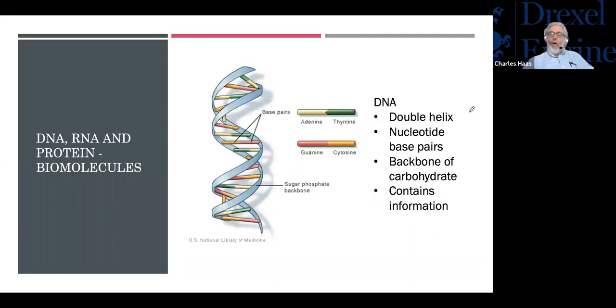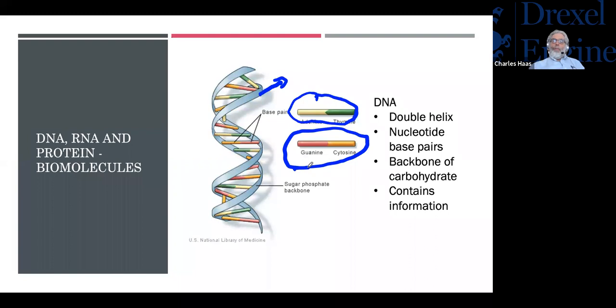DNA, deoxyribonucleic acid, has the backbone of carbohydrates, a sugar phosphate backbone. It's a double helix in formation, and every rung of that double helix contains either the pair of adenine and thymine or the pair of guanine and cytosine.